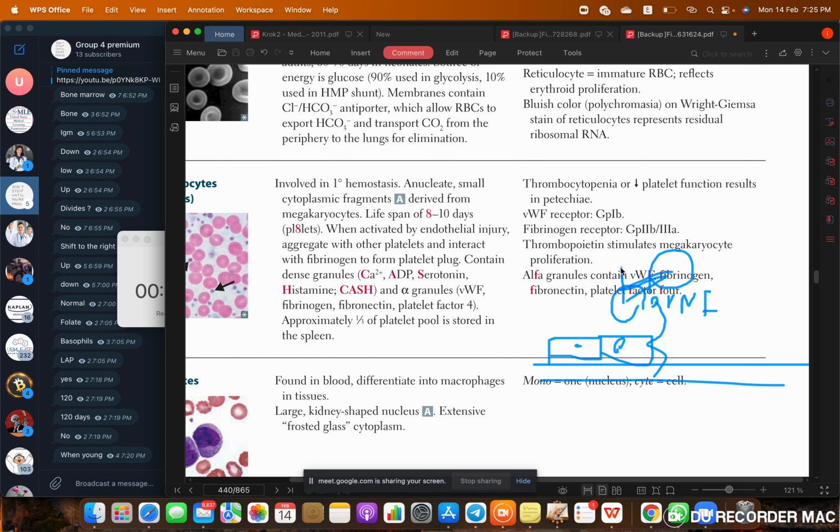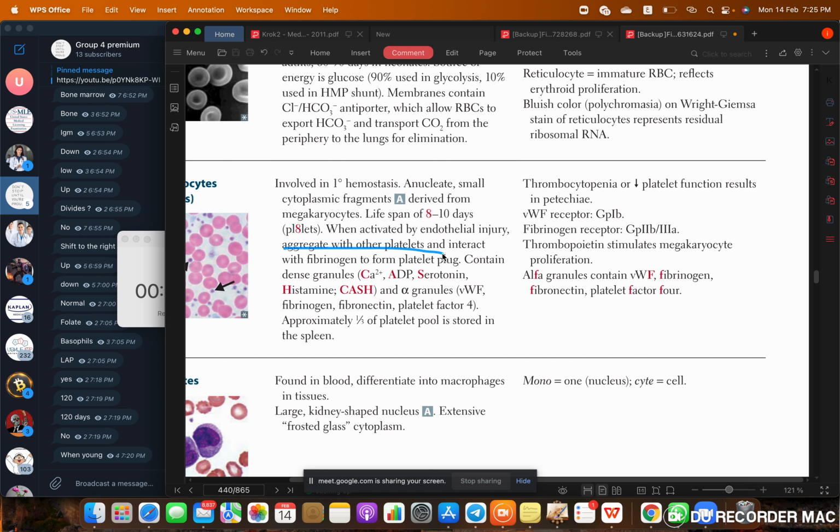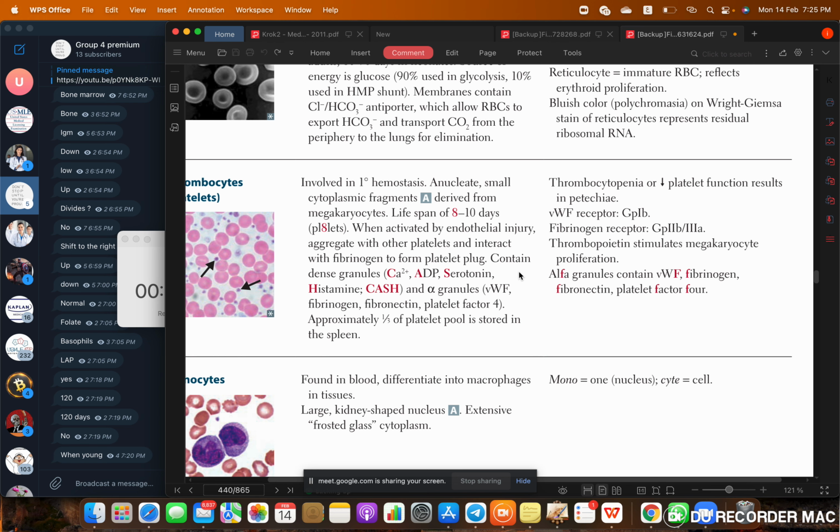After this aggregation happens, more aggregation will occur, which basically helps in the creation of a thrombus or a platelet plug. So here they write, when activated by endothelial injury, it aggregates with other platelets and interacts with fibrinogen to form a platelet plug. The platelet contains inside of it two types of granules: the dense granules and the alpha granules.